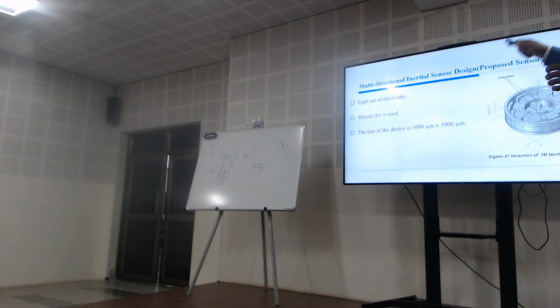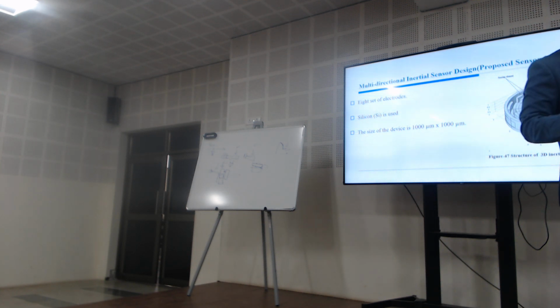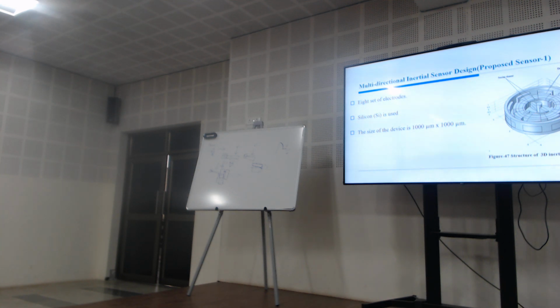Whatever I am showing now, I have done all this simulation with the help of COMSOL Multiphysics only. This design I initially explained, the first design. This is my proof mass. This S shape is my suspension beam. This is the rigid fixed part. Here we have the electrodes.